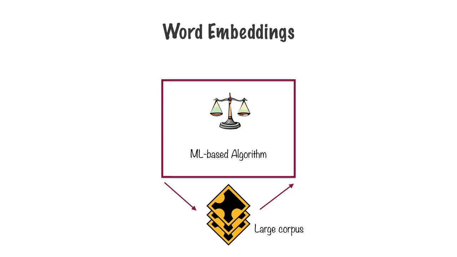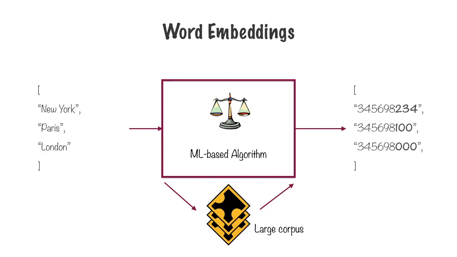By using the large corpus of data that we fed it, this ML based algorithm is able to understand that London references a city. So if you feed in words such as New York, Paris, which are also cities kind of like London, important global cities in the world, the encodings that this ML based algorithm will generate for these cities will be very close to the encoding of London.